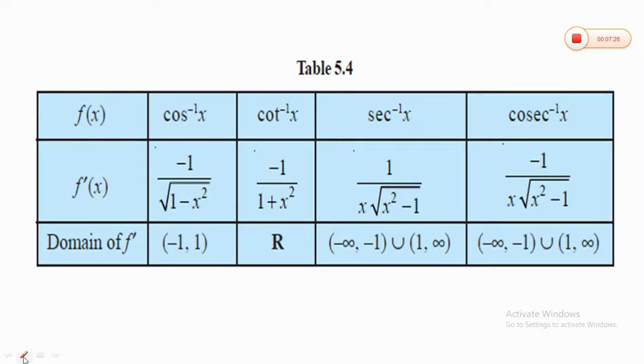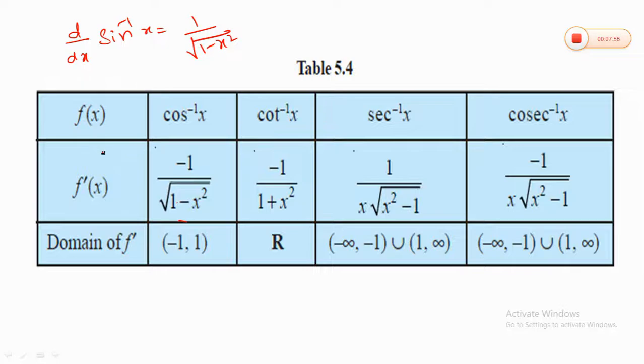So this is a table of formulas that you have to remember. Already all the 6 were solved. Dy dx of sine inverse x equal to 1 upon root of 1 minus x square.